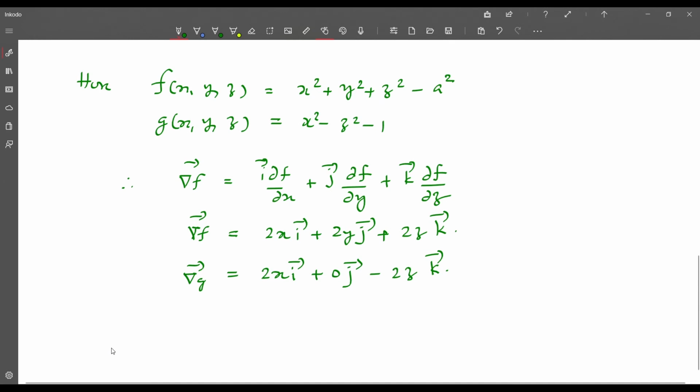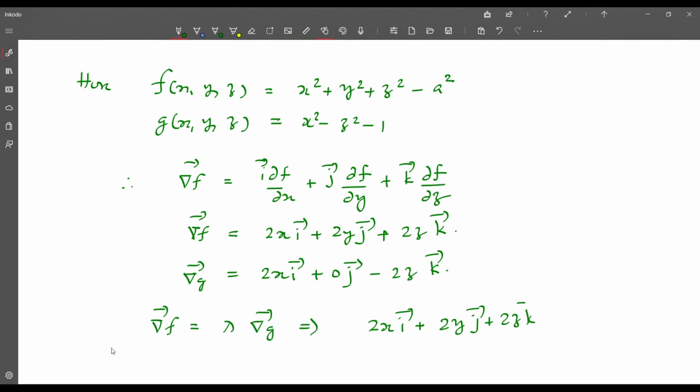Therefore, del f is equal to lambda times del g. This implies 2x i plus 2y j plus 2z k is equal to lambda times (2x i minus 2z k).